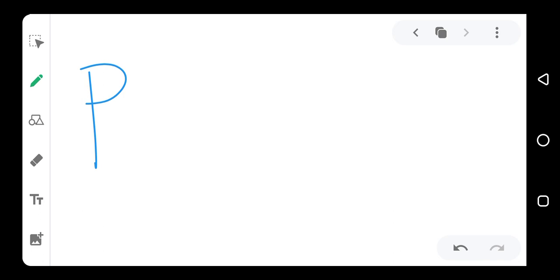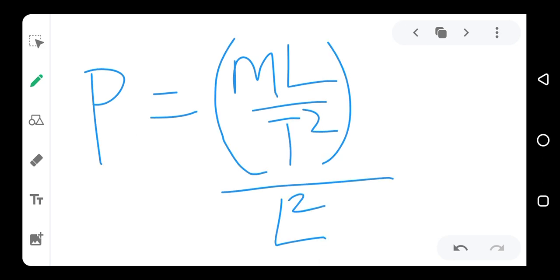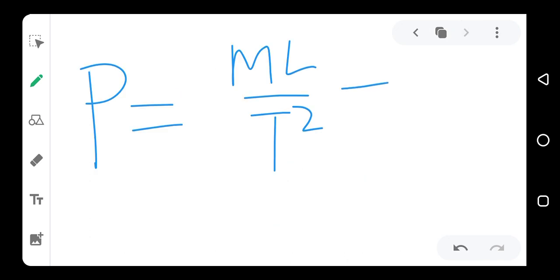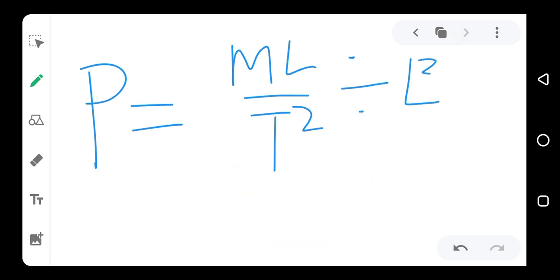Simplification. We can simplify this to have ml over T squared. This represents the force. Then this division here, we can put the normal division and have divided by L squared.